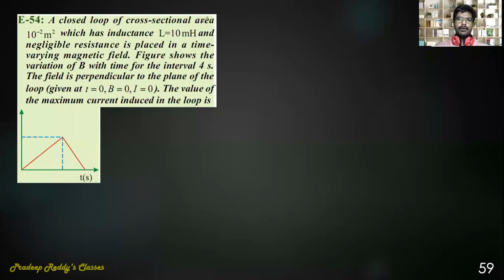A closed loop of cross-sectional area 10 power minus 2 meter square, which has a self-inductance L of 10 millihenry and a negligible resistance, is placed in a time varying magnetic field. The figure shows the variation of magnetic field with time for the interval of 4 seconds.